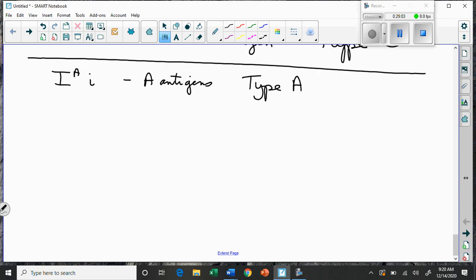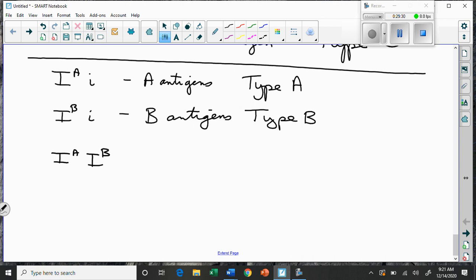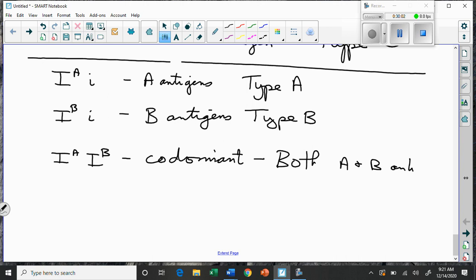And if you combine a little i with the B allele, you are still going to produce B antigens because you are masking that little i allele, and you will still be type B. The only other combination is if you get one of the capital A ones and one of the capital B ones, and this is the codominant situation, where you will produce both A and B antigens. Both, and you would be type AB.